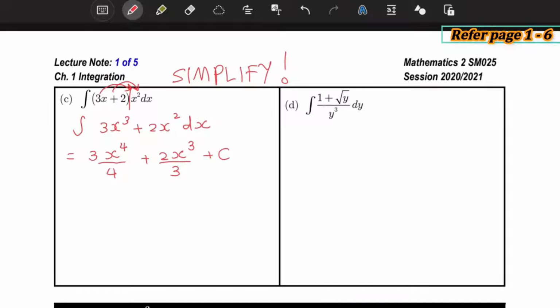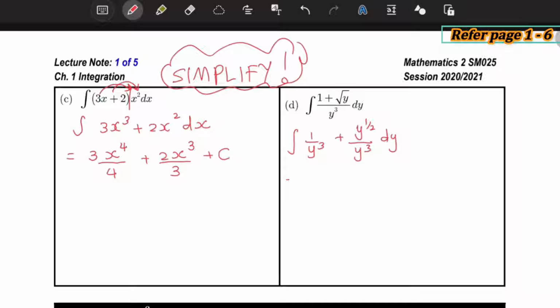And part D, we have (1 plus square root of y) divided by y cubed, in division form. As I told you just now, the most important word is simplify. So we simplify first and it becomes integrate 1 over y cubed plus square root of y, which is y power of half, divided by y cubed dy.